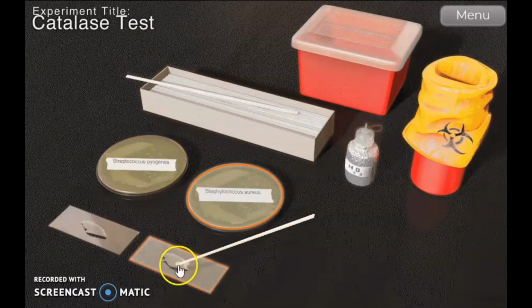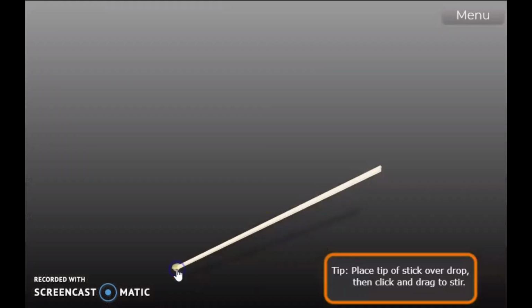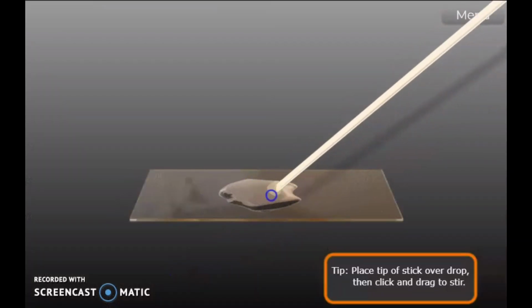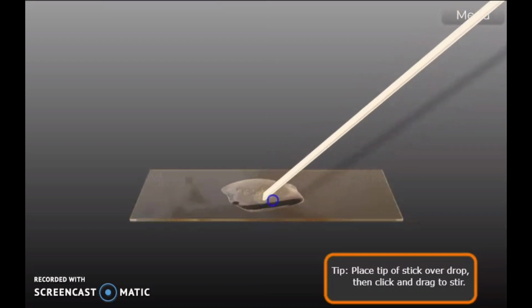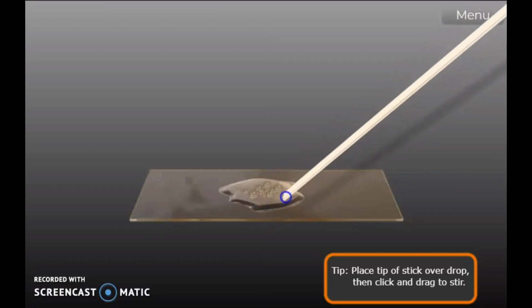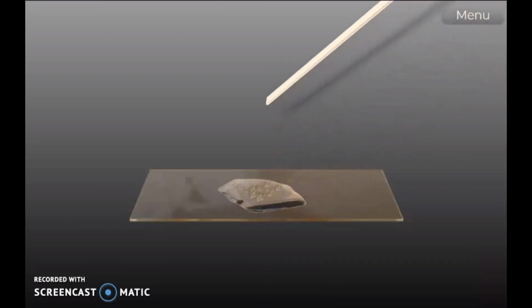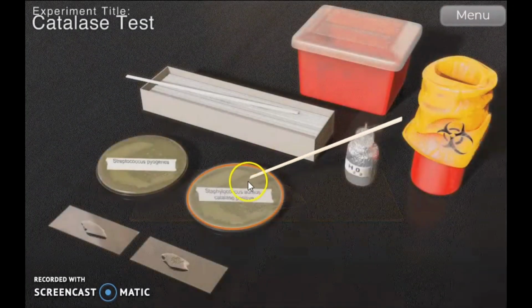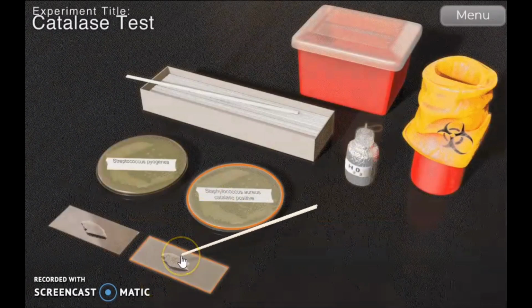And then mix the bacteria into the H2O2. And we can see that it will have bubbles for the Staphylococcus aureus. Catalase positive or negative? This is the positive. The positive has bubbles.